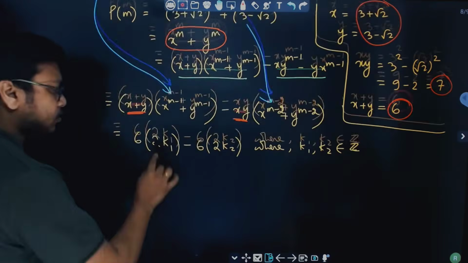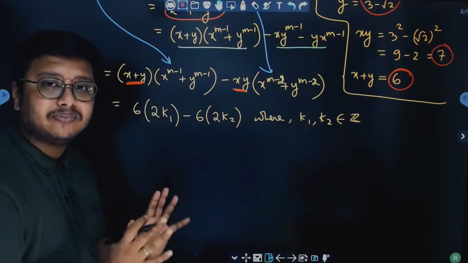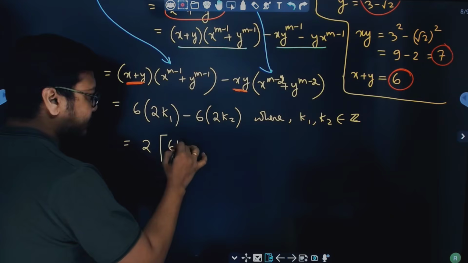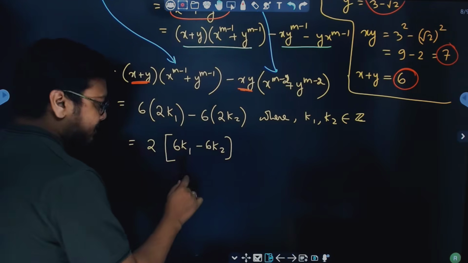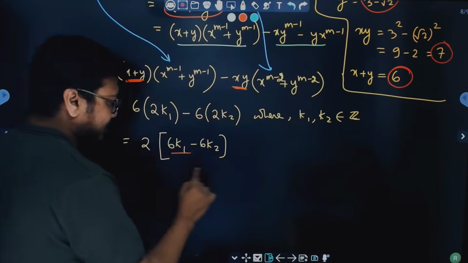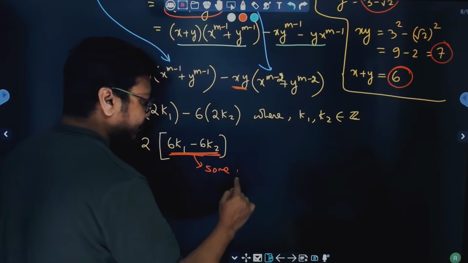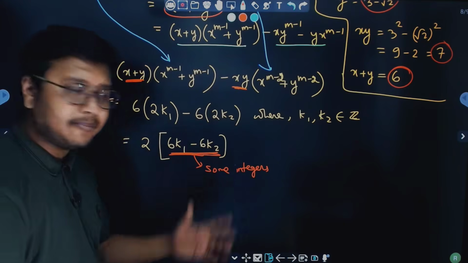Okay, so now I can take an entire 2 common because I want to prove that this is an even number. So if I take an entire 2 common, I'm left with 6k1 minus 7k2, and obviously this is some integer, right? Because k1 and k2 are integers, so this entire thing should be some integer.